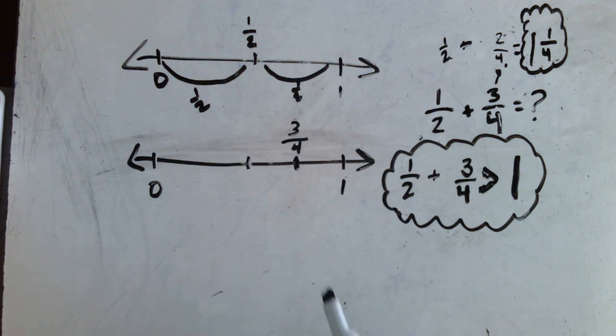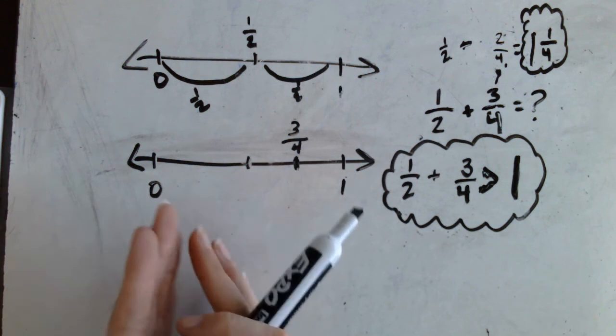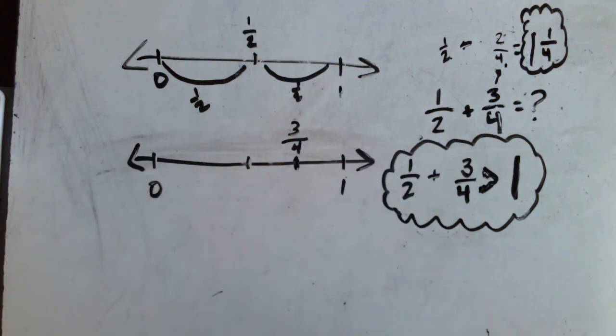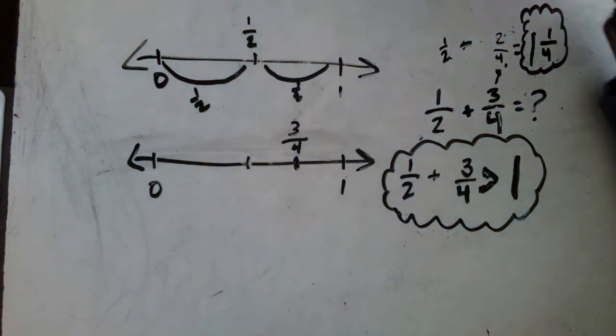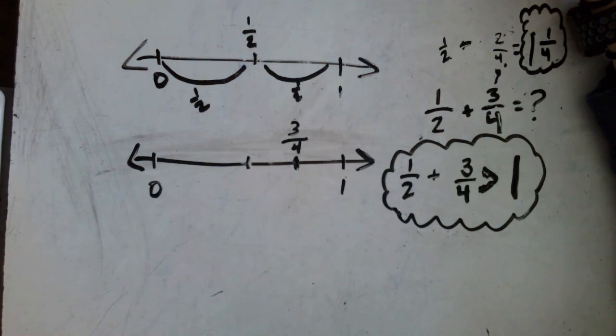If you ever get stuck, use your number lines to help you. Sketch out a number line to see if your fractions equal 1/2 or if they're less than 1/2. If you have two fractions that are less than 1/2, then your answer is going to be less than a whole because you need 2 halves to add up to 1 whole. Good luck, mathematicians, practicing. You guys got this.